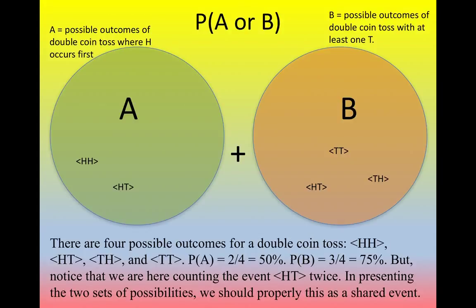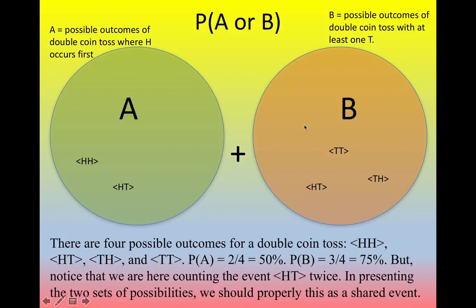I'm not going to read through all this, but you'll see visually: if you have two events and you're trying to figure out the probability of event A or event B, you'll notice we have two events in set A, and three little events that make up set B. So we want to know the probability of A or B. Well, we don't want to just add these together, because you'll notice that this event HT and this event HT are the same event.